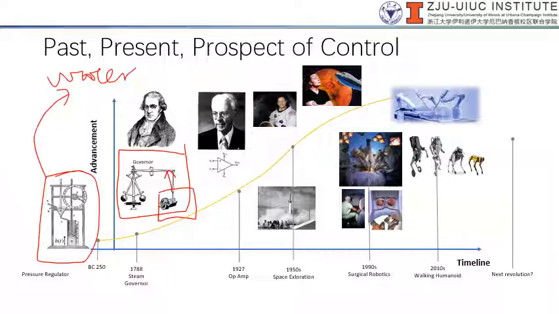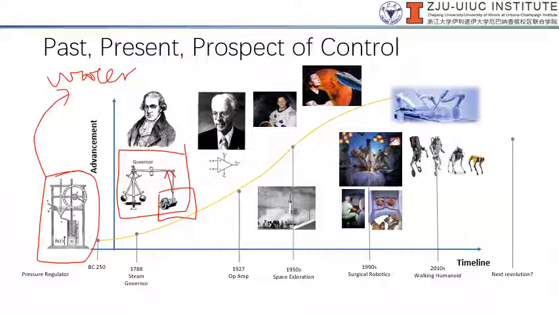If you look at some of these examples in the history of advancement in the control field, you will see that a lot of the time it starts off with rocket science and space exploration, something very exciting as well. It started initially with the Industrial Revolution, where the steam engine became very important.